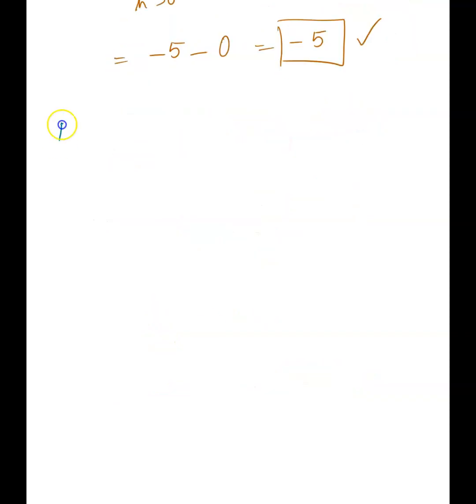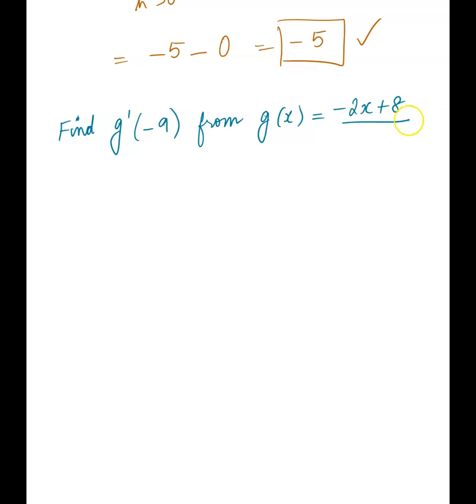This question says, find g prime of -9. Notice how the notation is used to indicate the derivative from g of x equals -2x plus 8 all over 3x minus 9 using the definition of derivatives.